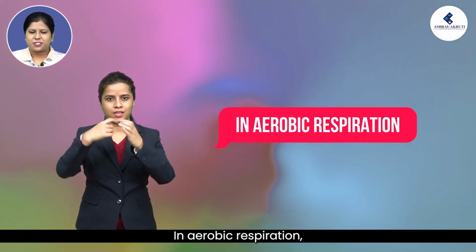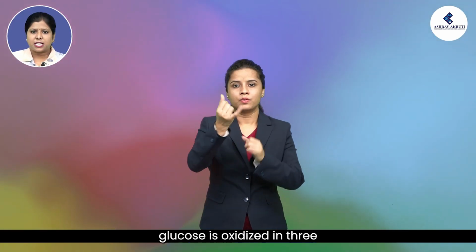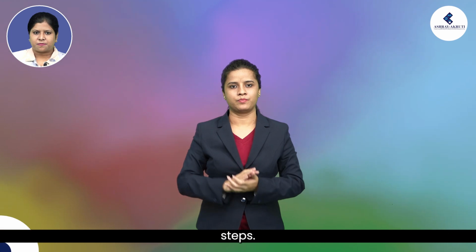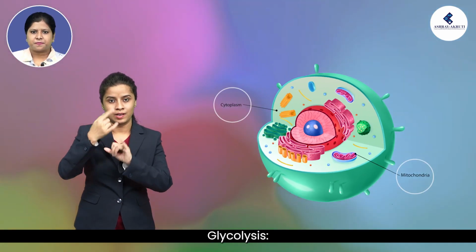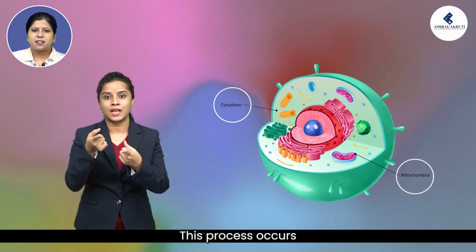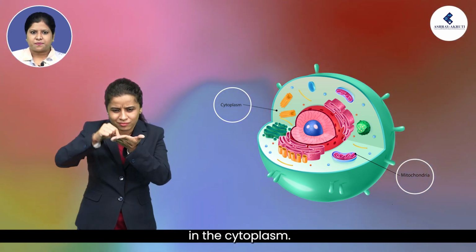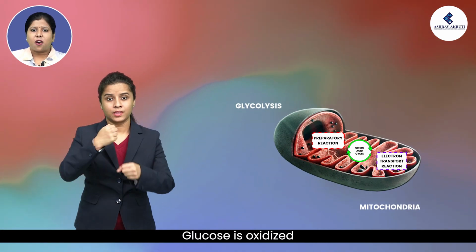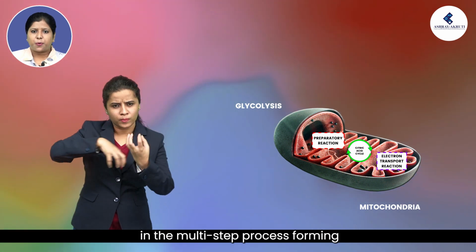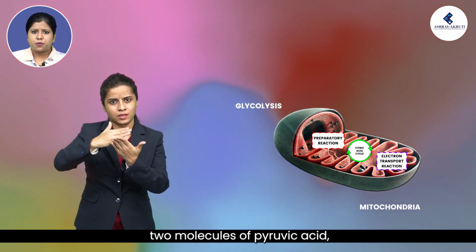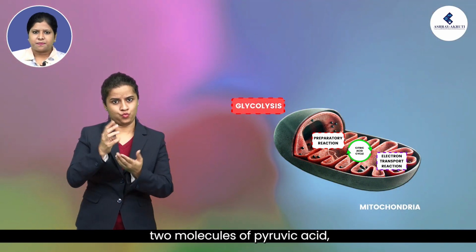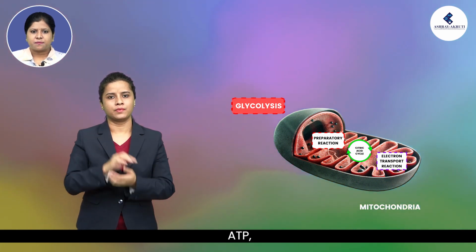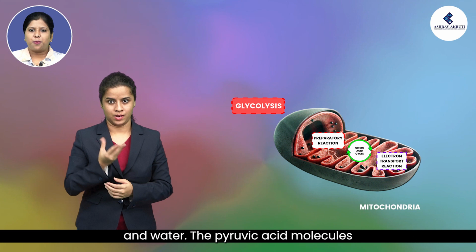In aerobic respiration, glucose is oxidized in 3 steps. Glycolysis. This process occurs in the cytoplasm. Glucose is oxidized in the multi-step process, forming 2 molecules of pyruvic acid, ATP, NADH2 and water.